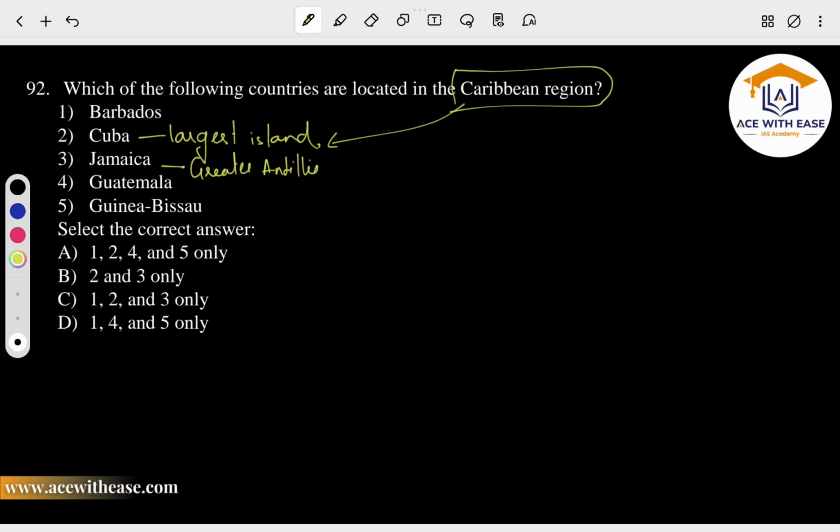Guatemala is in the Central America region and is not part of the Caribbean region. It has a small coastline on the Caribbean Sea, but the Caribbean region does not include Guatemala. Guinea-Bissau is in West Africa. So only 1, 2 and 3 are correct: Barbados, Cuba and Jamaica belong to the Caribbean region.